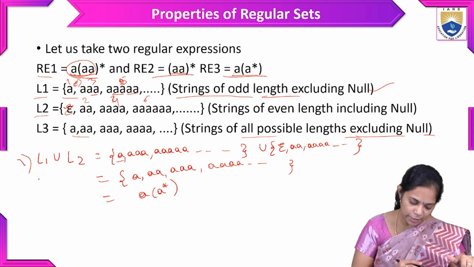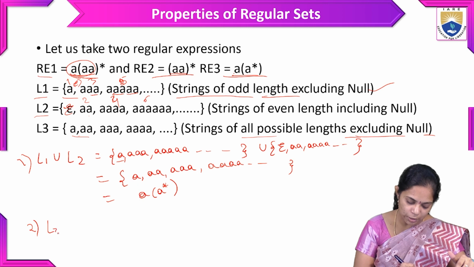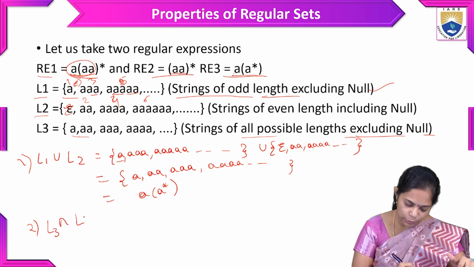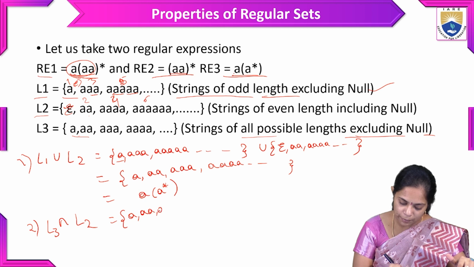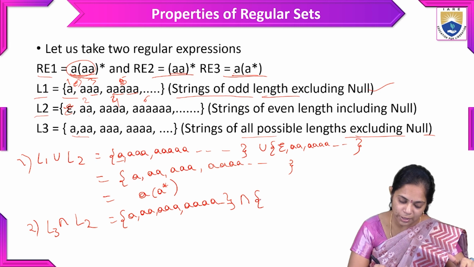And the next property is intersection. For the intersection, we are taking L1 intersection L2. So what is the intersection of A, triple A and so on, and L2, which is epsilon, AA and so on? What are the common things involved in the two languages?